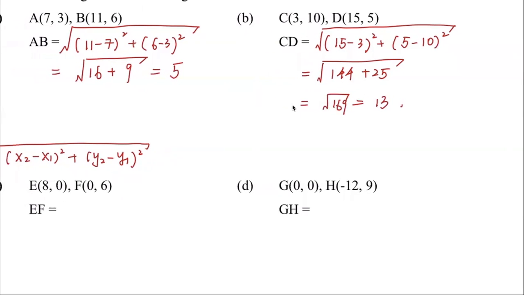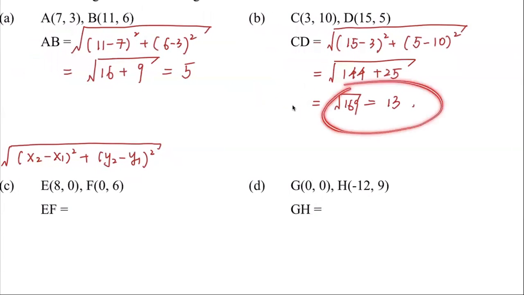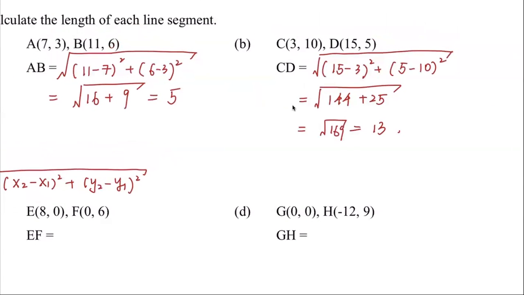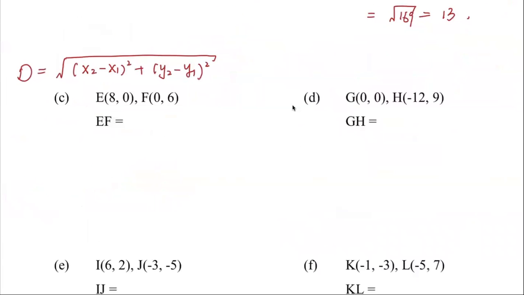So that's part B. What does 13 mean? It means the length of the line segment between point C and point D is equal to 13. Part C. I'm going to do 2 more questions and then go to the next question.